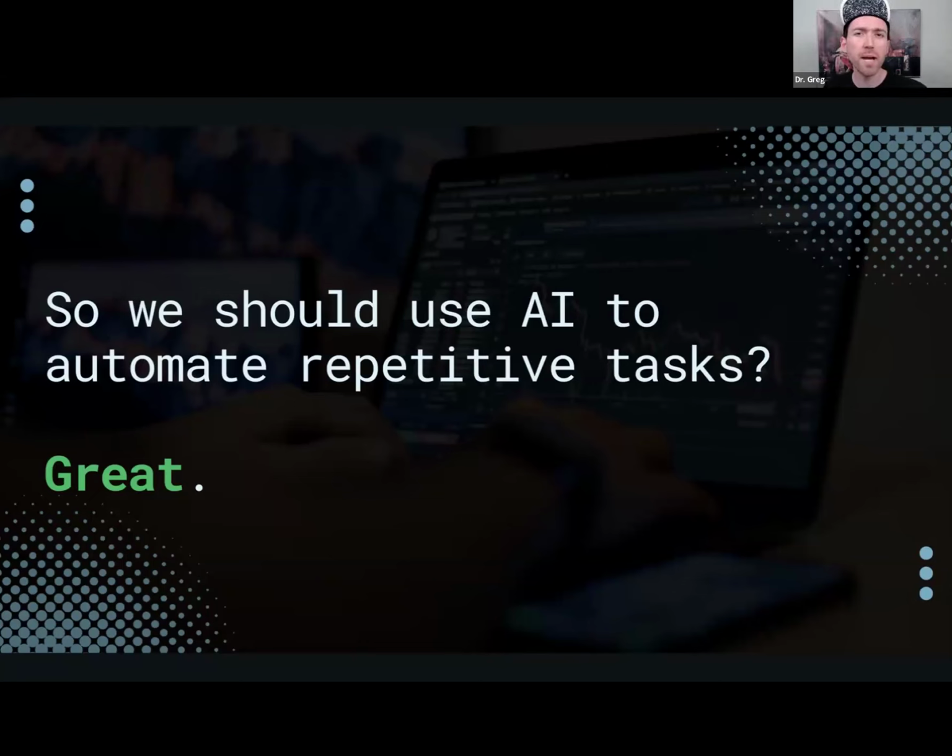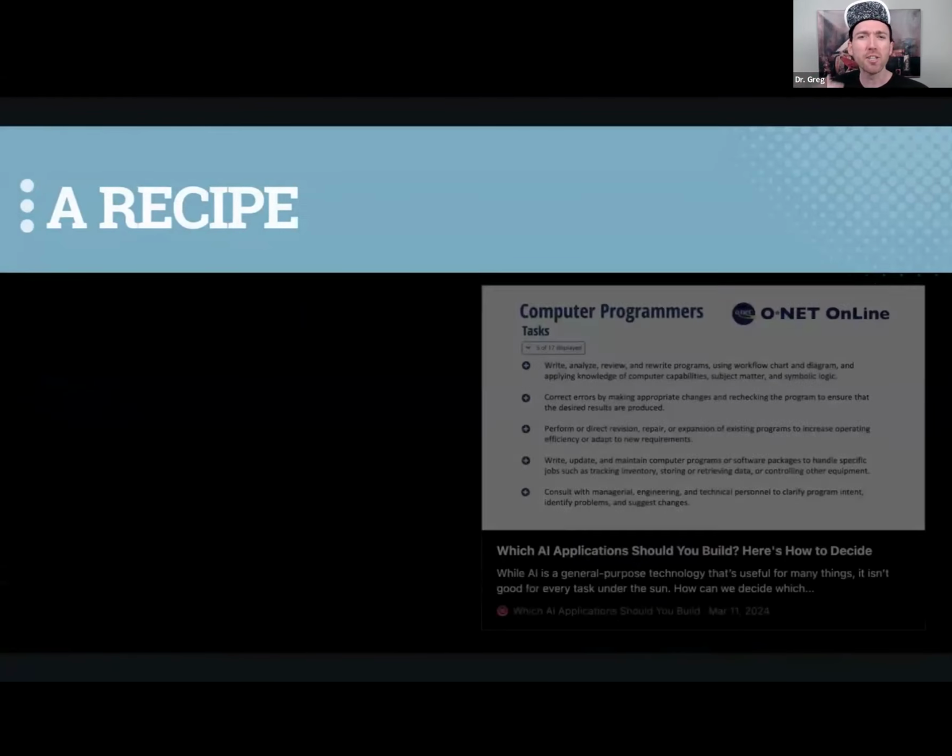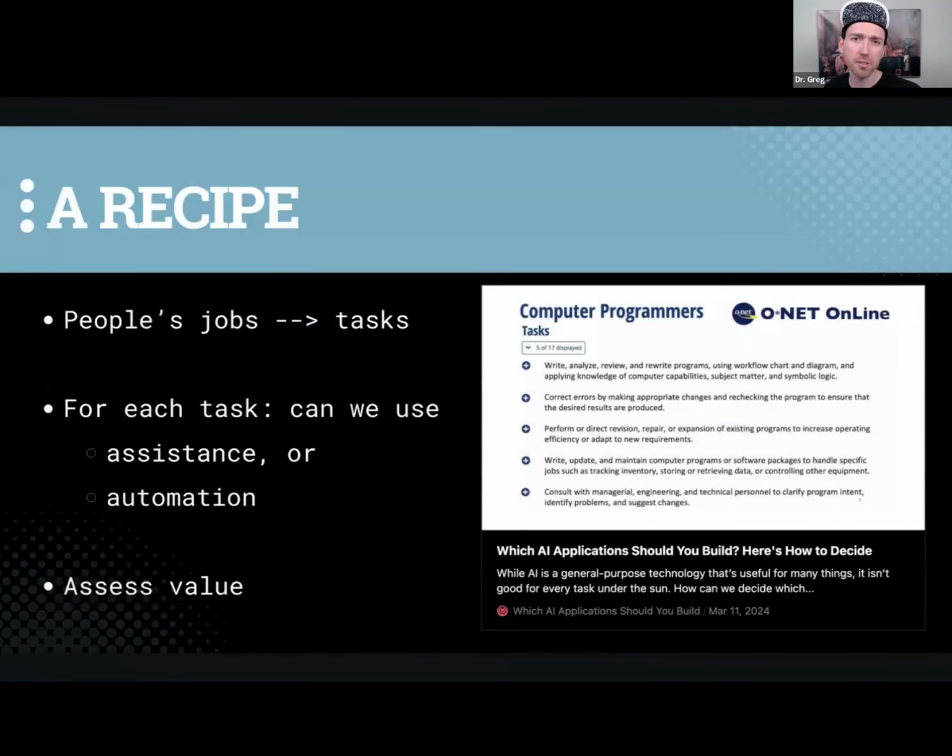Now, this has been written about, talked about, and well studied. If you're looking for a process to go about this, I believe Andrew Ng did describe one in one of his batch newsletters. Basically, you can go to a website that has all the job titles, and all the job titles can be broken down into job tasks.